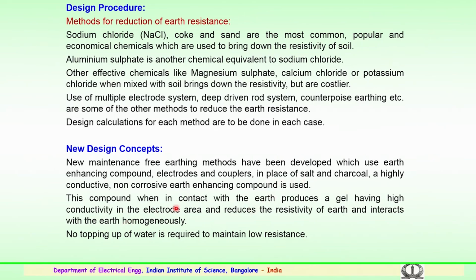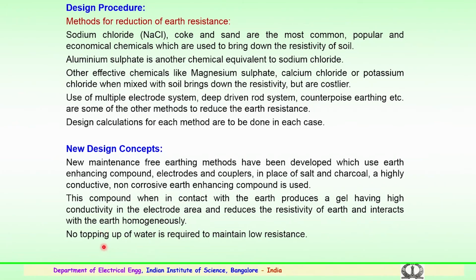This compound, when in contact with the earth, produces a gel having high conductivity in the electrode area, and further reduces the resistivity of the earth and interacts with the earth homogeneously. Very important, the compounds being employed will bring down the resistivity of the soil and help in better conduction, so that minimum resistance is offered to the fault currents.